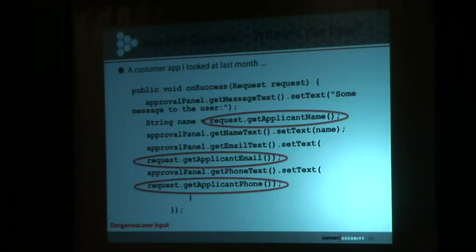Now we've got to go, where does that data go, and is it safe? OK, well, if you look at this code, you see that there's this method called getWhateverText, and they all return this Sentia GXT object called blah, blah, blah, blah, blah, text. So it's a text object. And then there's this method called setText, and you pass data to it.